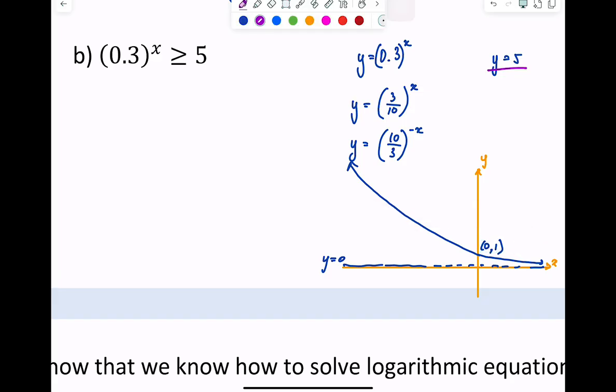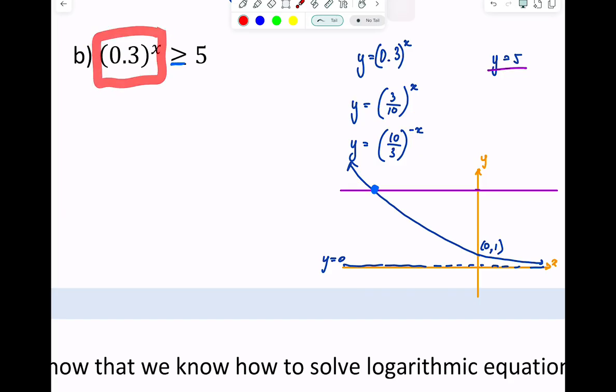And so a y value of 5 will be somewhere up here. We just need to draw in a horizontal line. We can see that our point of intersection is at this spot here. And because it's a greater than or equal to, we do want to include that bottom line as well. Now we just need to highlight which part of this graph is above that little horizontal line of 5. It's this here. We're going to find out what this value here is, where the intersection is.